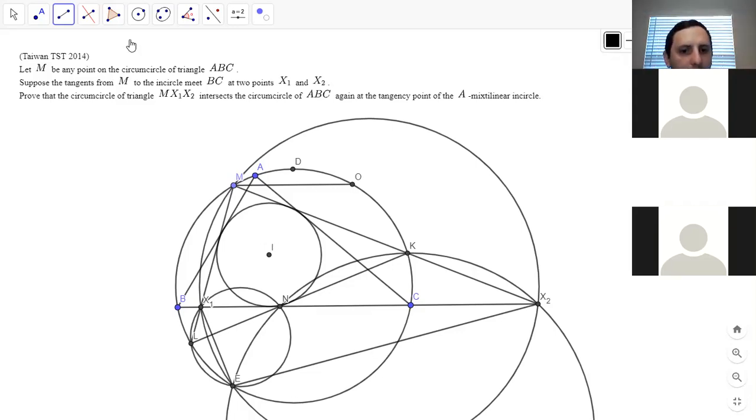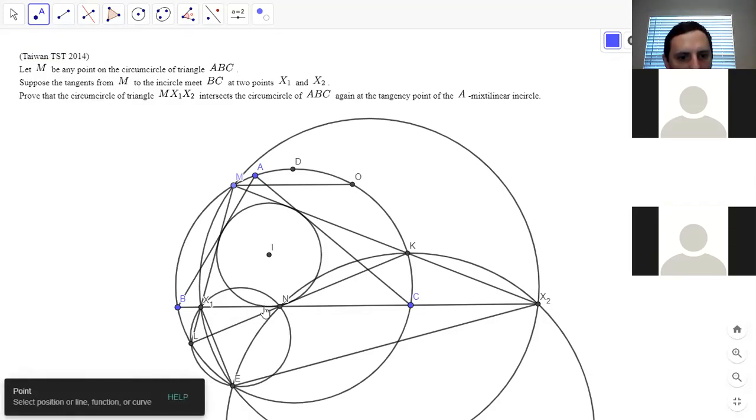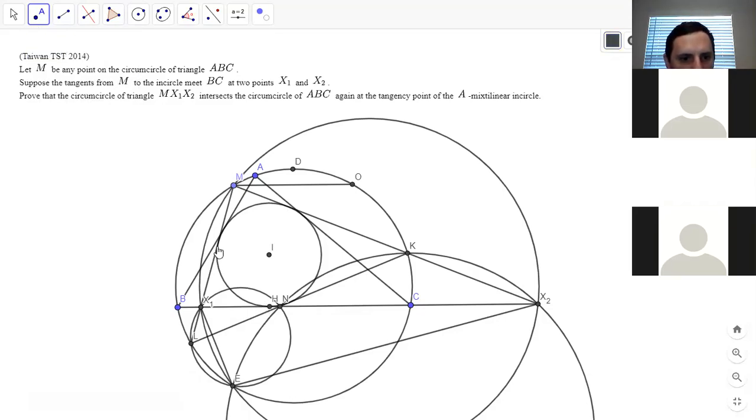So basically, whoops, wrong tangency point.